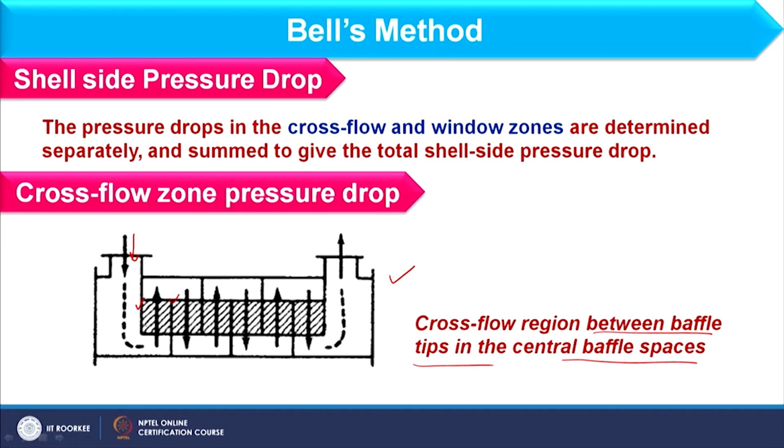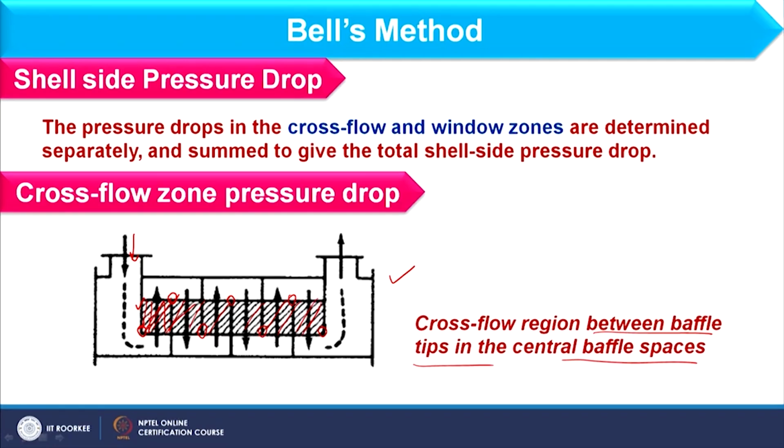One tip is this, second tip is this, and similarly we have other tips. Between two consecutive tips, whatever space is there is also shown here through shading. So, between two baffle tips, whatever flow area is falling, that we consider as cross flow zone.